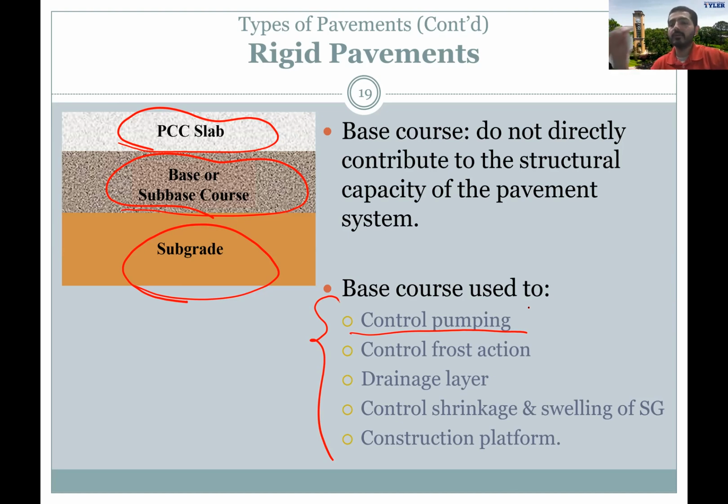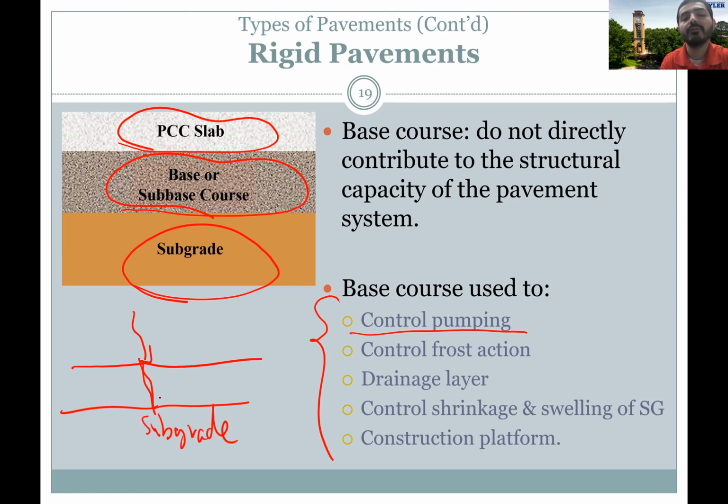That's actually when the water penetrates. Let's say I have a pavement here and a PCC, and there is a crack. Water will penetrate through that crack, and now it's going to go all the way down to the subgrade, and the water now is going to pump all the fine materials to the surface.